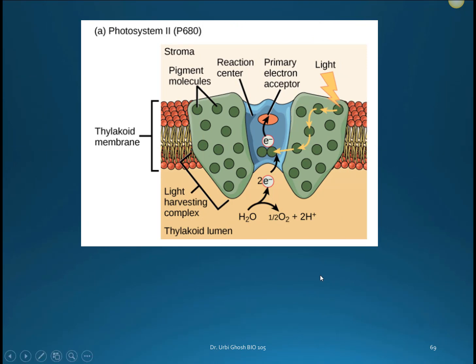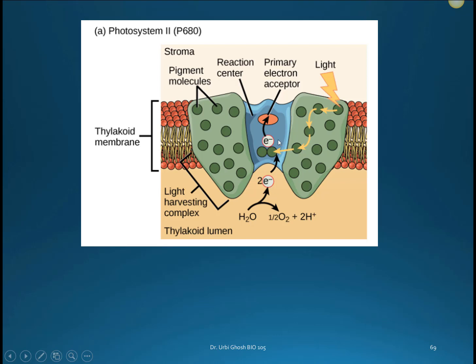As I told you, there are two photosystems, photosystem 2 and photosystem 1. The main difference is that in photosystem 2, the electrons flowing through the pigment center are replenished by water. The water is being split so that the protons stay in the thylakoid lumen.